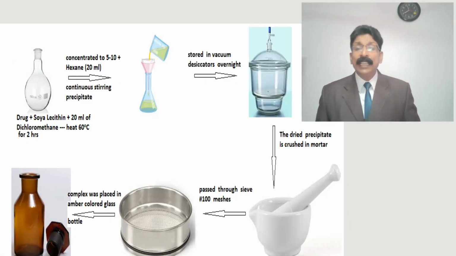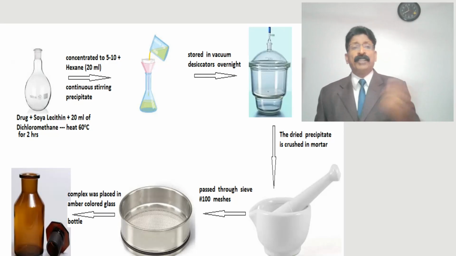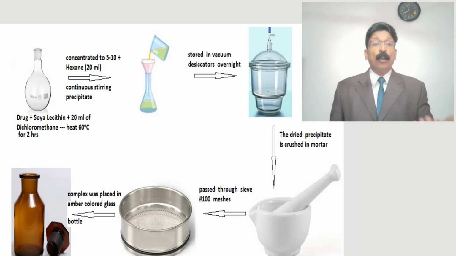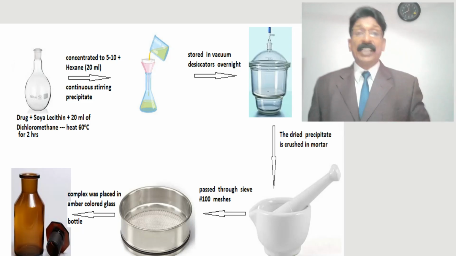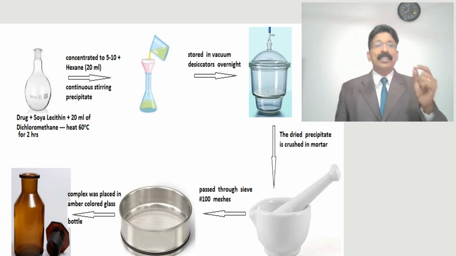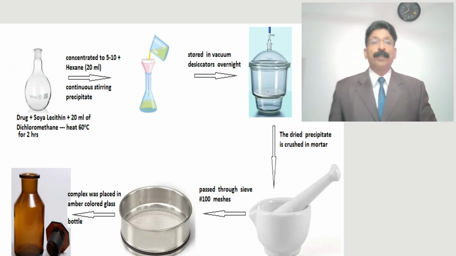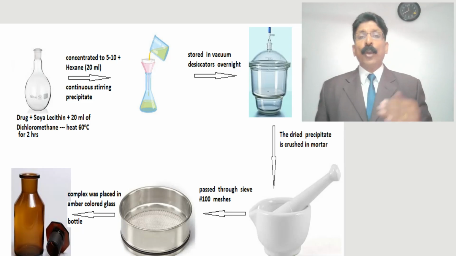So this is the procedure you studied, and the picture shown here is prepared by me for you to have an understanding. The drug and soya lecithin are added with 20 ml of dichloromethane at 60 degrees in a reflux. You have to add the drug in the initial stage itself. With continuous stirring, after concentrating, you add 20 ml of hexane to get the precipitate.